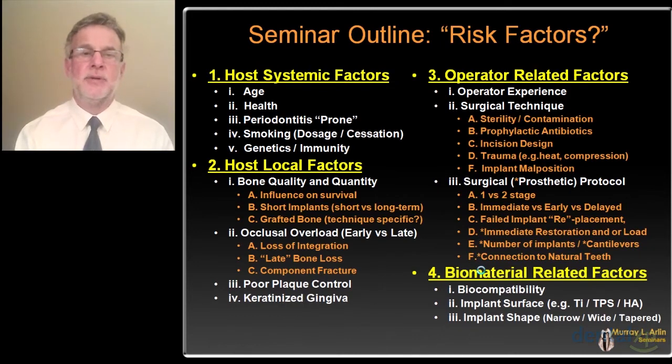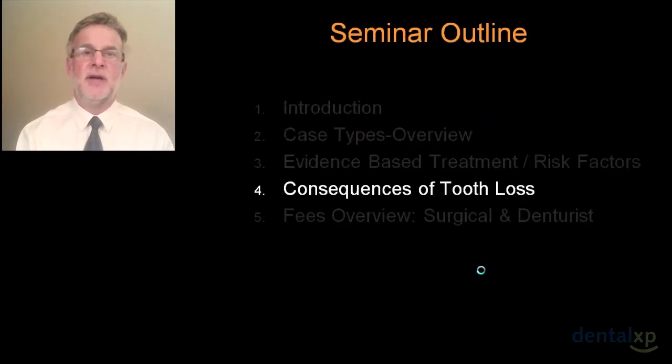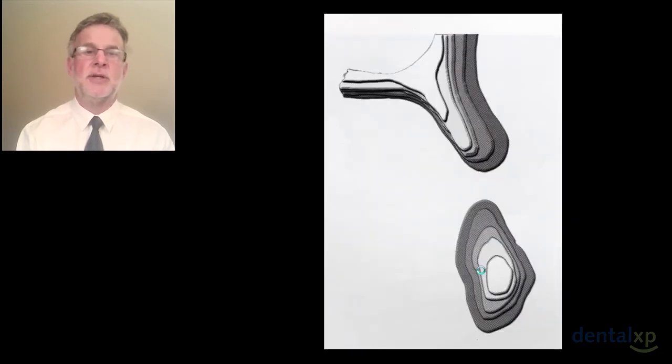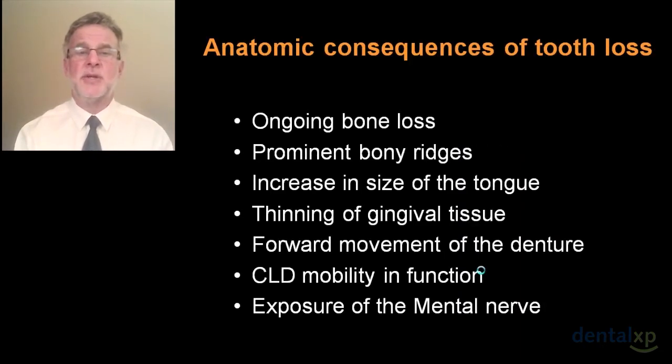And of course, within those categories, there are many more drop-down menus or subdivisions. As I say, it's not within the scope to discuss that here, but suffice to say that I find in my practice the overdenture restorations and implant survival rates are very comparable to other prosthetic designs, including the maxillary unsplinted cases. So let's go back to some basics with consequences of tooth loss.